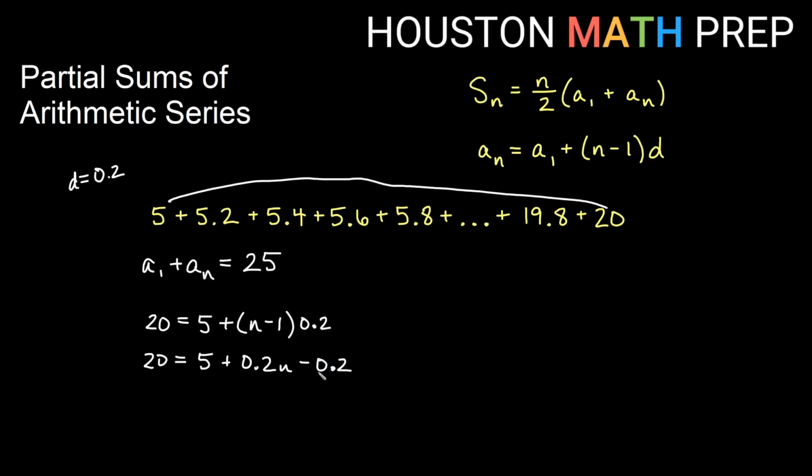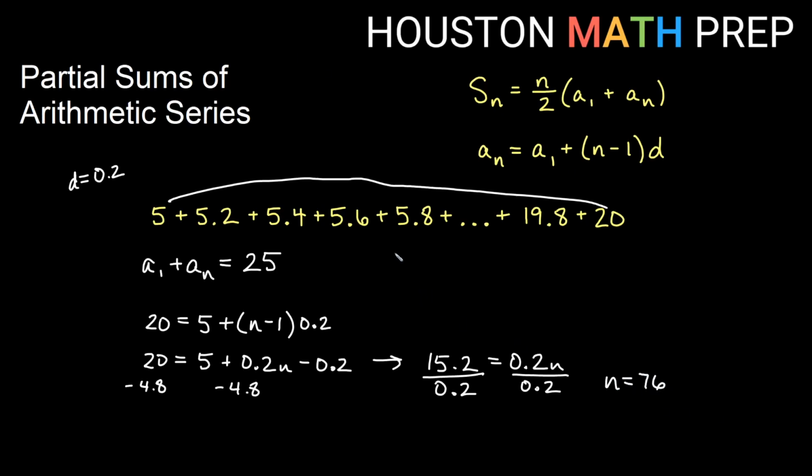This 5 minus 0.2 would be 4.8, so I subtract 4.8 from both sides. That gives me 15.2 on the left side and 0.2n on the right side. So we divide by 0.2, and we should get that n is 76.